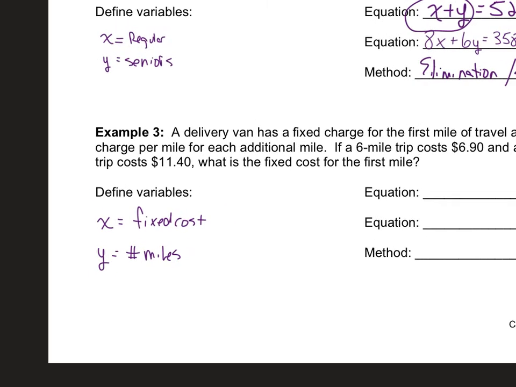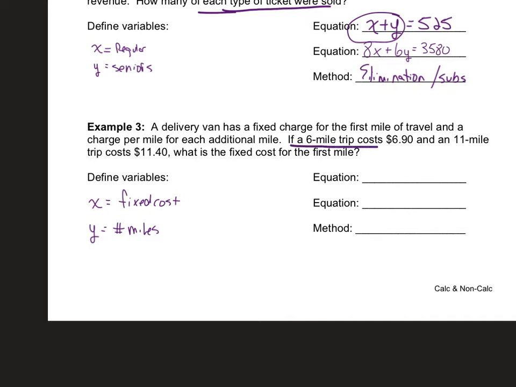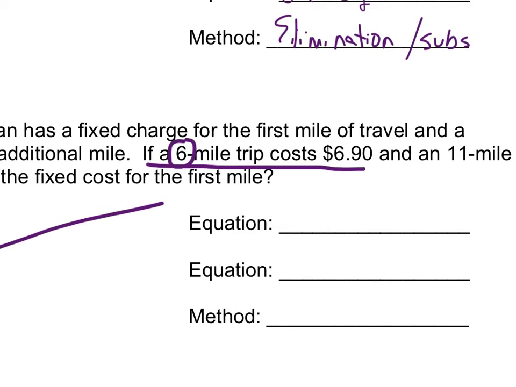Now let's set up our equation. We've got 2 situations, a 6-mile trip and an 11-mile trip, but you need to remember something. In the 6-mile trip, the first mile is covered in the fixed cost. So I'm going to start with the cost that they're going to charge me, plus I know that I have to go 5 more miles. I just don't know how much they cost. And that equals $6.90.